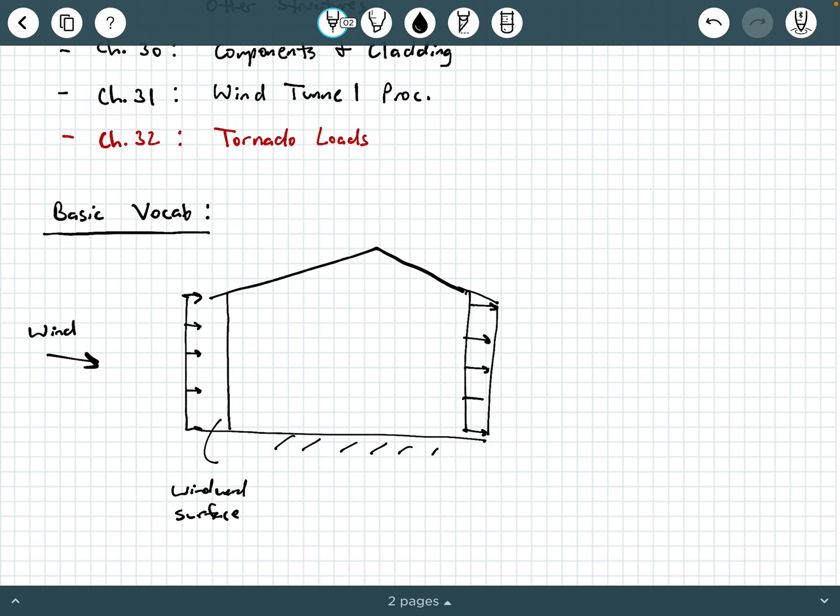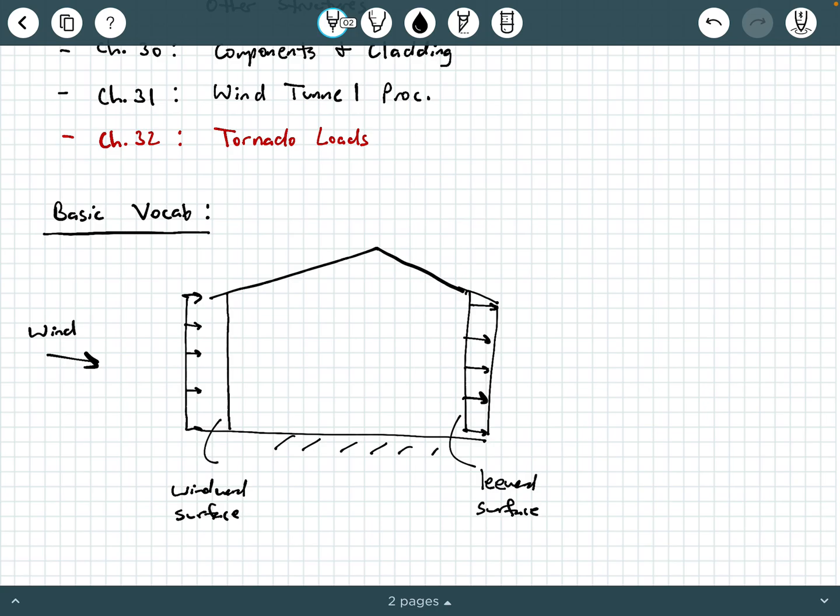Now, it's important to note the direction of these vectors, okay? On the windward surface here, on the windward wall, this wall is experiencing a compressive type of pressure, okay? Now, when we go to the other side of the building, the leeward surface, let's label this leeward surface.